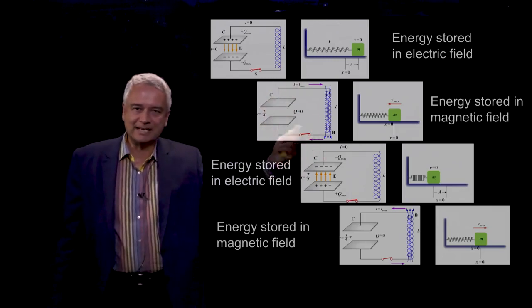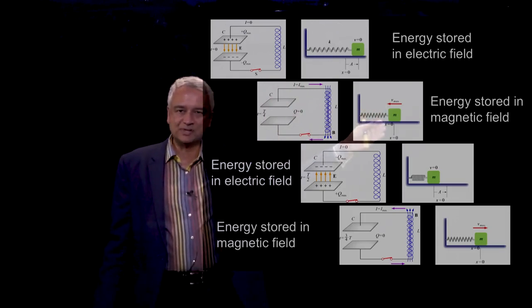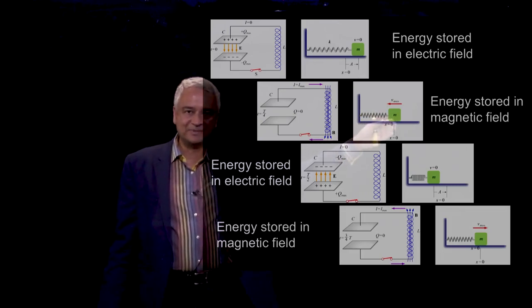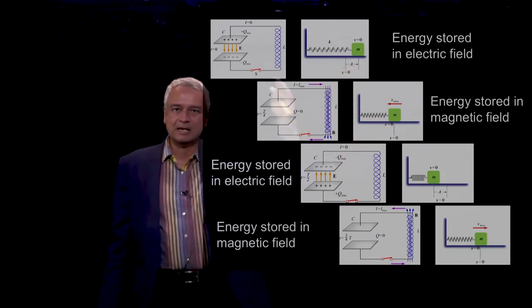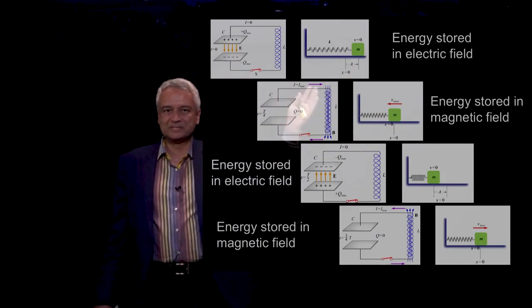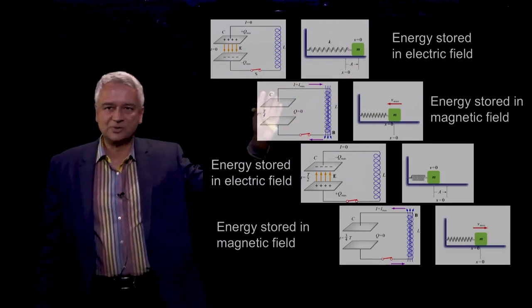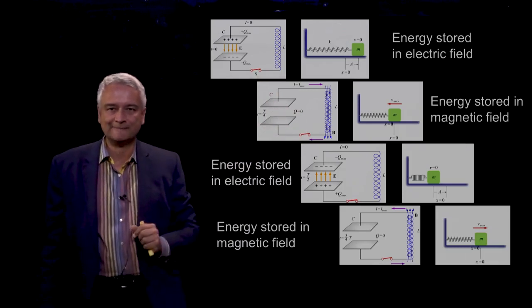All my energy is magnetic. That's analogous to the situation when the mass is back at x equals 0, meaning no potential energy in the spring, and in fact the maximum amount of kinetic energy in the mass. So the potential energy has become kinetic. The electric energy has become magnetic. So the electric energy is analogous to potential energy in the spring. The magnetic energy in the inductor is analogous to kinetic energy of the motion of the mass.